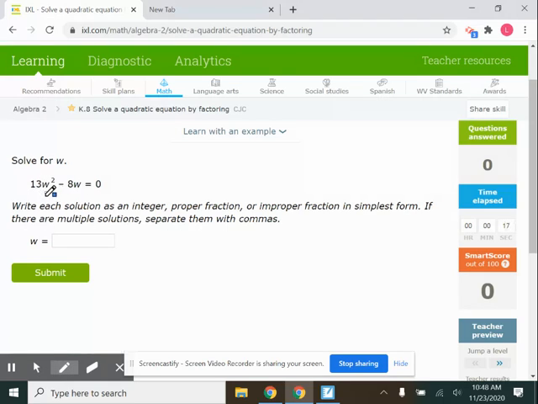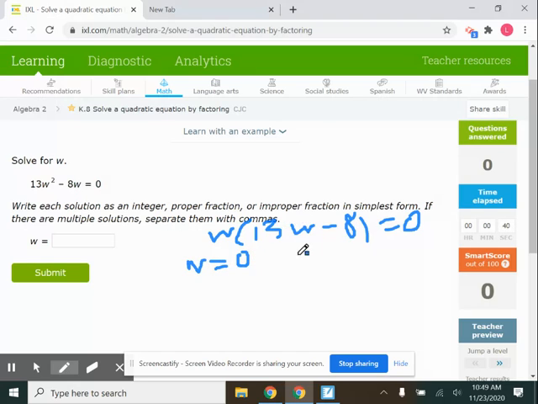So with this one, 13w squared minus 8w equals 0. This does have a greatest common factor of w. When I take that out, I get w times 13w minus 8, and that equals 0. And then I set each of these things equal to 0. So the w I would set equal to 0. So one of my solutions is 0.